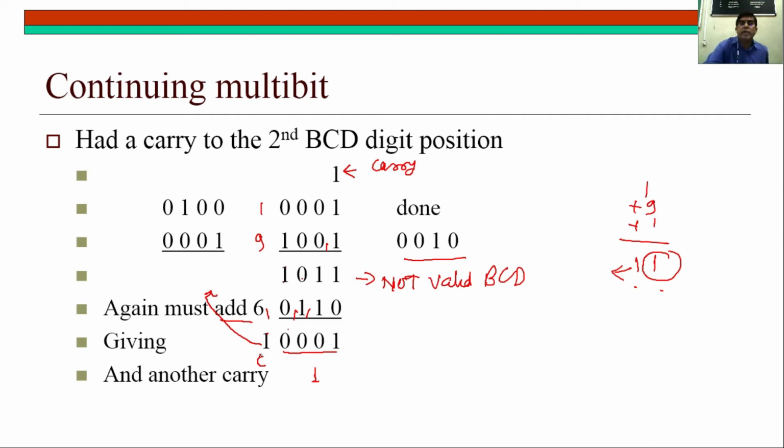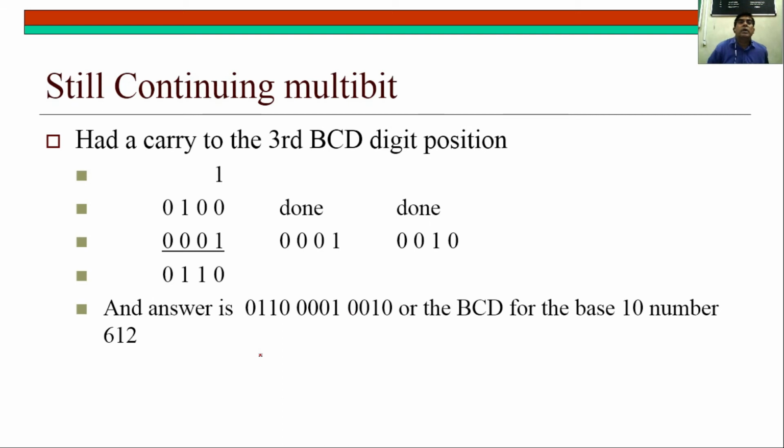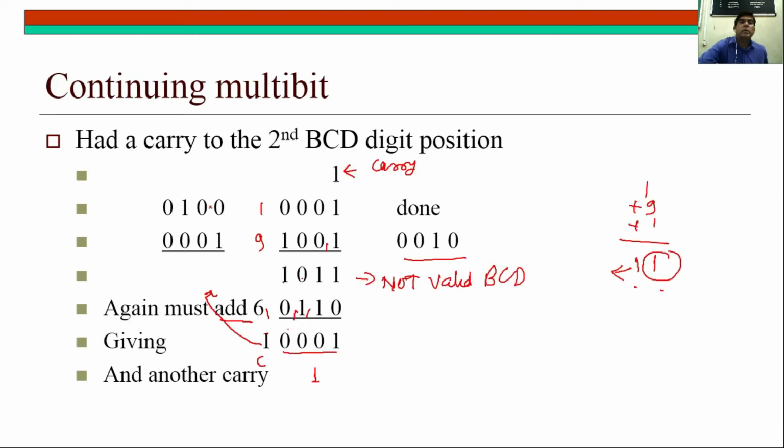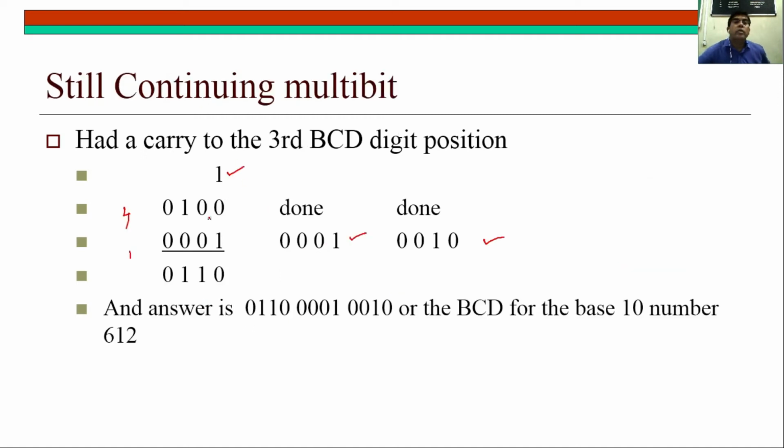So let's go again. Now the third stage here. So we have got 2 from the first addition, 1 from the second addition, and a carry is given here. Now the third addition. Now 4 plus 1. See again. This is 4 and 1, and carry 1.